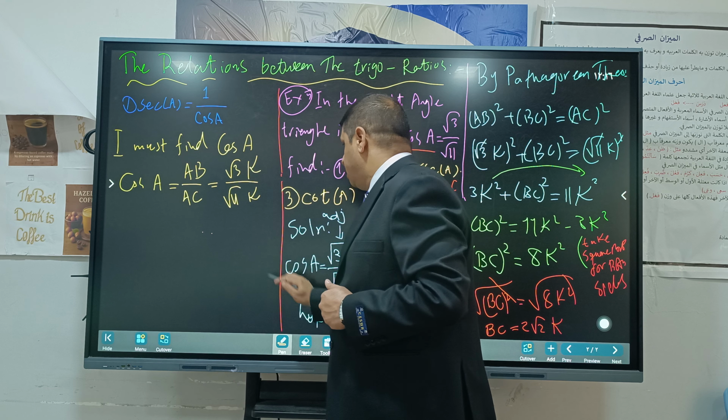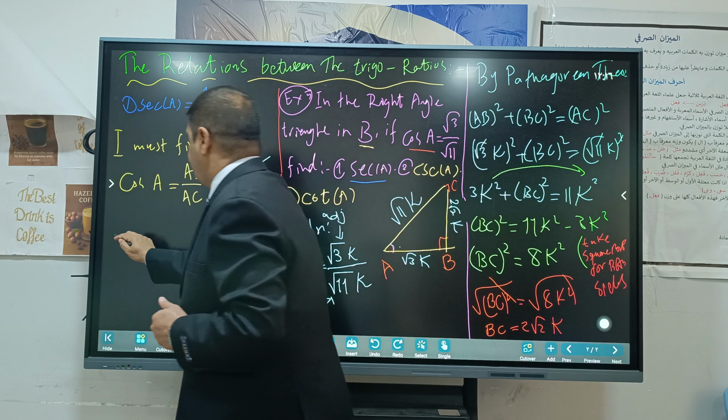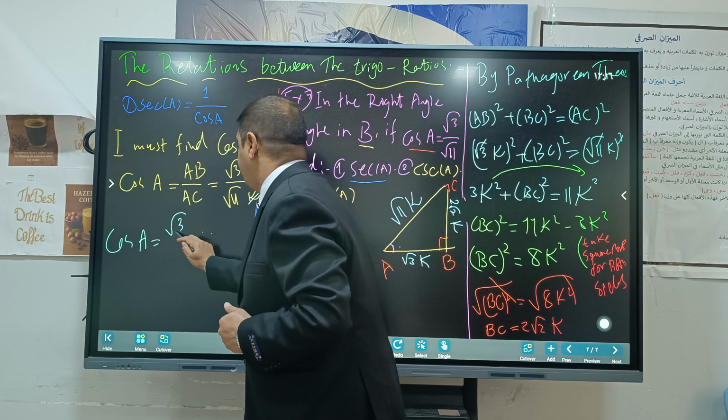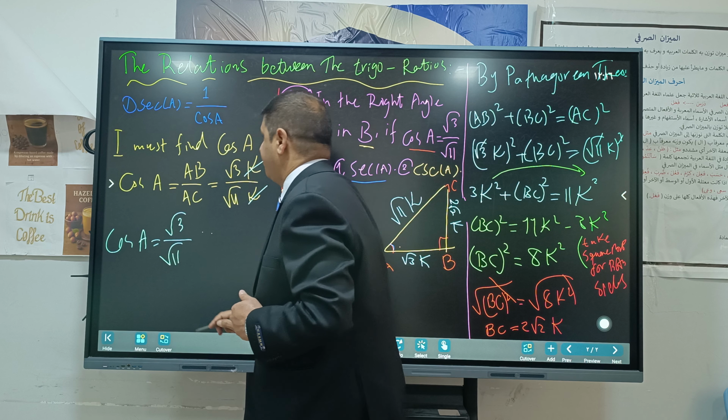Look, k will go with k. I mean cosine of A equals square root of 3 divided by square root of 11.